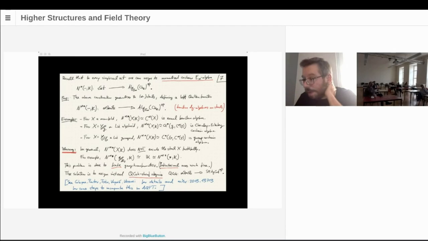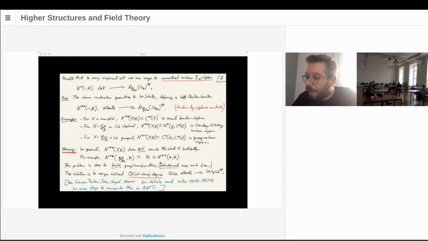Now, if you have a more complicated stack, namely a Lie algebroid, here I just take the action Lie algebroid, so you have a manifold Y and you quotient out a Lie algebra action, then the function E-infinity algebra on this Lie algebroid gives you the Chevalley-Eilenberg cochain algebra of this Lie algebra with values in the smooth functions on the manifold you quotient out your Lie algebra action.